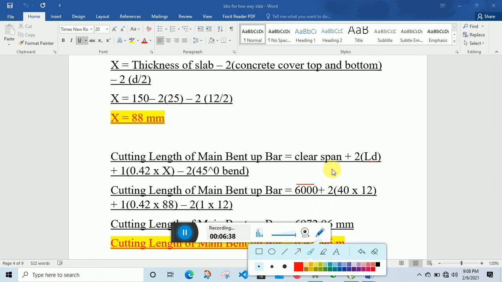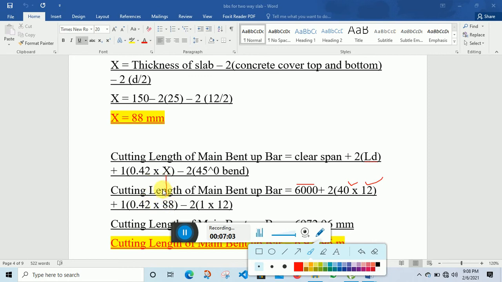So 2 into LD is the development length. Development length, as we saw in the previous lecture, we will take 40 multiplied by d. Here we put the diameter, and 40 is the constant, plus 1 into 0.42, and I have to multiply by this x.